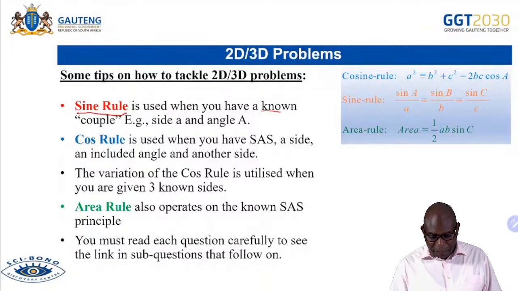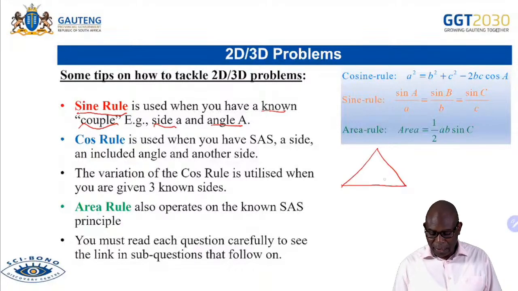When you have a known couple. When we talk about a couple, in other words, a side and an angle is a couple. So if I've got a triangle like this, and I have an angle here, maybe 47 degrees, and that line there is 7 centimeters, this is called a couple.